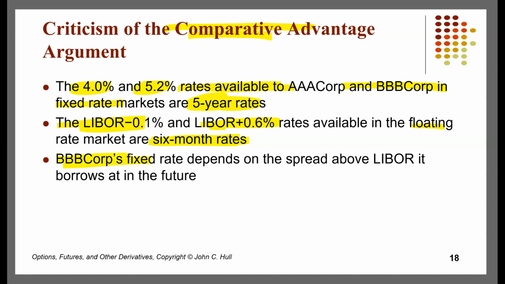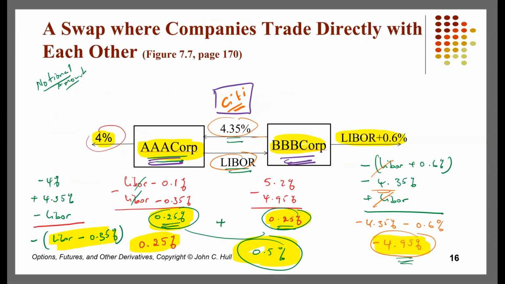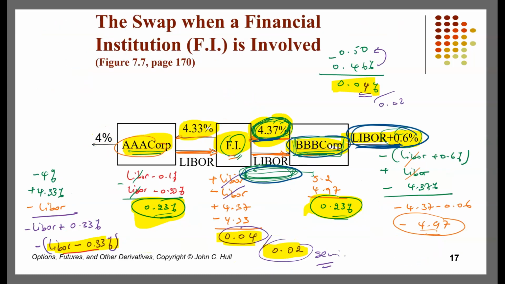So the triple B corporation's fixed rate is going to depend on the spread above LIBOR that it borrows at in the future. So the fixed rate that triple B gets to pay here to the financial intermediary, where's the middle? There we go. That's the middle one there.